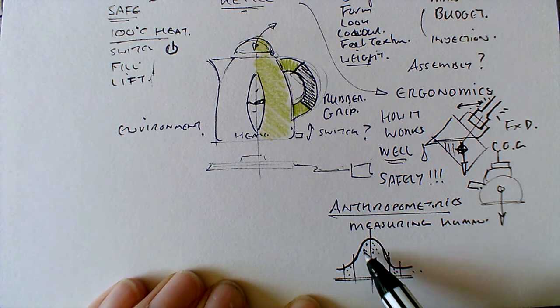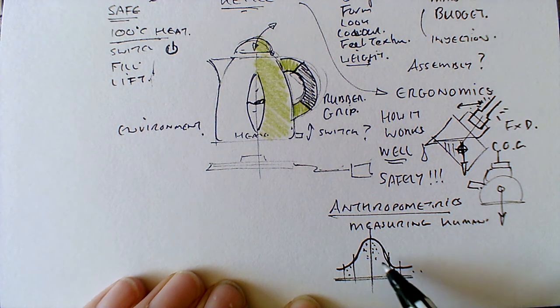This might be height. Most people are of average height, but you get a few very small people, and a few tall people. So this is the sort of target market. But if you're designing something, you're trying to design for the widest range of people. Not absolutely everybody. Designing doors, not every door is 7 feet tall or 7 feet wide, but it's big enough for the majority of people.